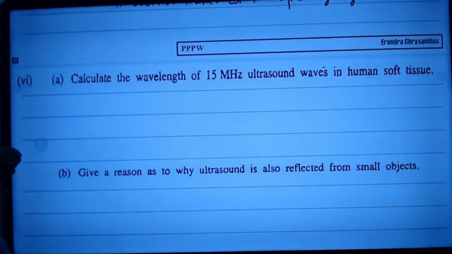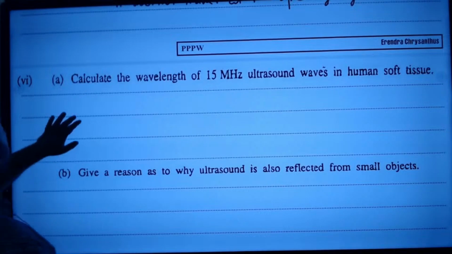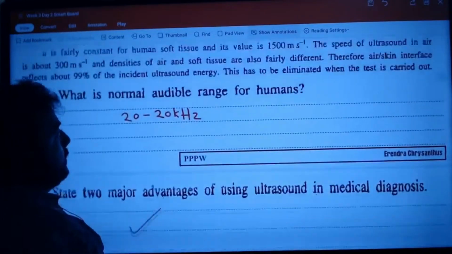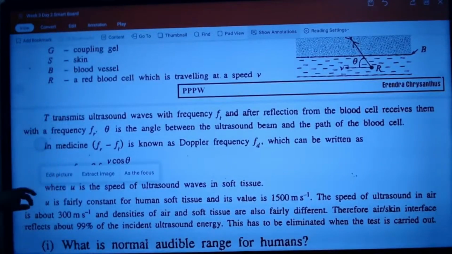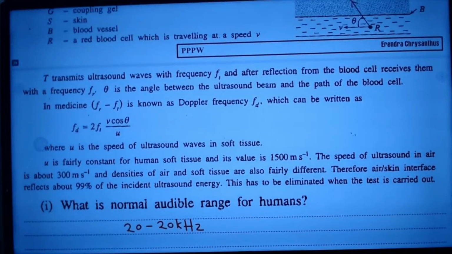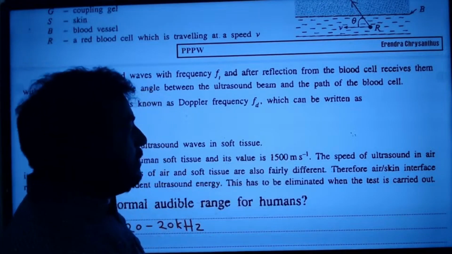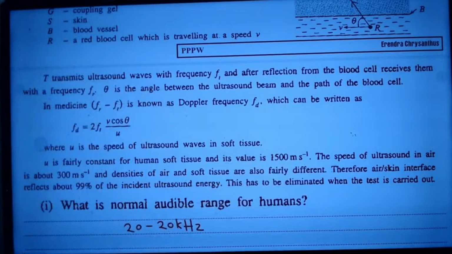Calculate the wavelength of 15 megahertz ultrasound in human soft tissue. Our job is to find the speed, right? For human soft tissue, the value is 1500. Speed of the ultrasound in air is about 300. Densities of air and soft tissues are fairly different.